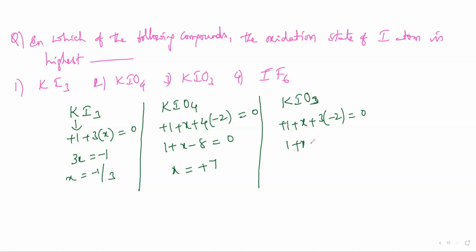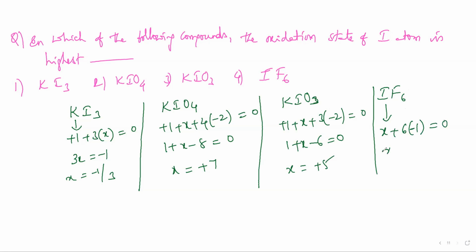So 1 plus x minus 6 equal to 0, x equal to plus 5. Last one, IF6, iodine we have to find out, fluorine 6 into minus 1 should be equal to 0, x minus 6 equal to 0, x equal to plus 6.